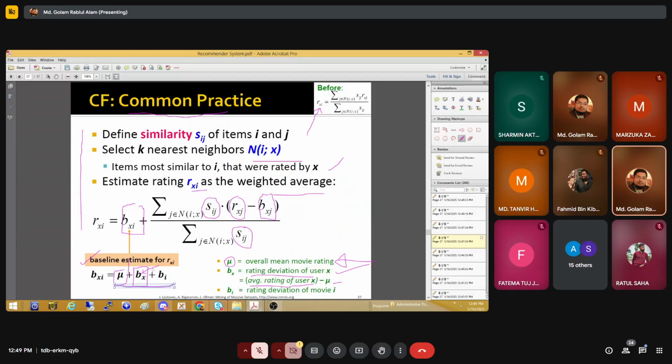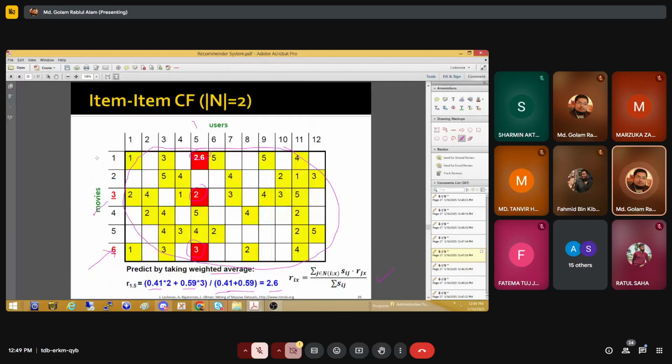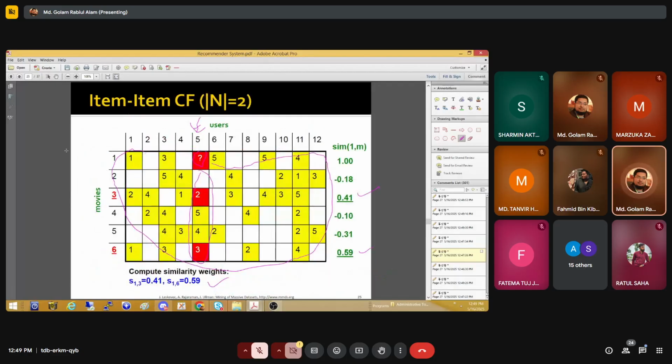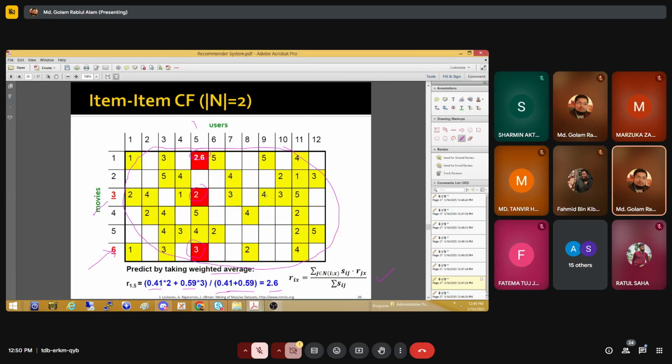Then we have to find the rating deviation of movie i. For this movie, we want to predict this value. So at first, we need to find the average rating of this movie, minus mu.